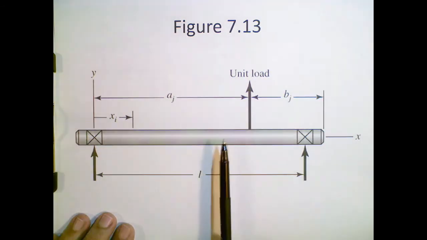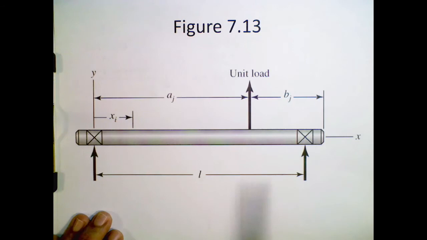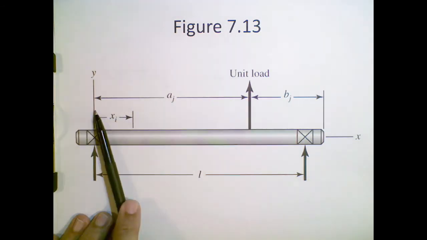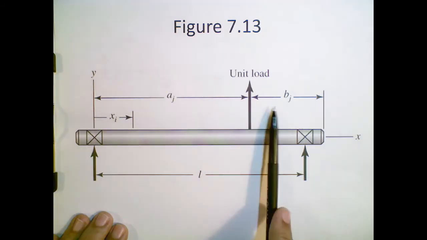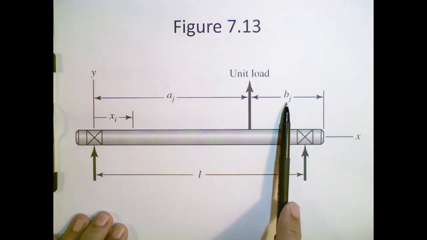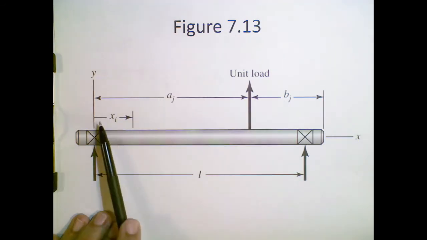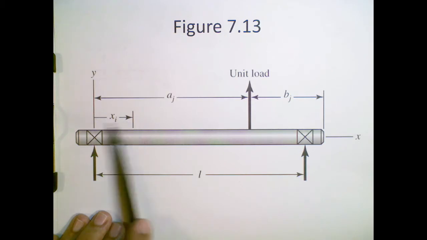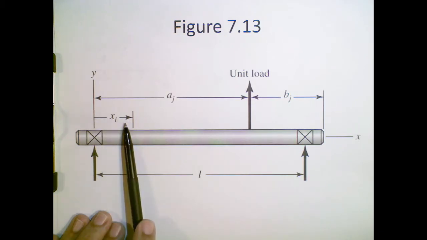And here, just paying attention to the notation, the length of the shaft is L. The distance between the unit load and the left bearing, that's a_j. And the distance between the unit load and the right bearing, that's going to be b_j. And then the position we're interested in measuring the deflection at is going to be quantified using x_i.